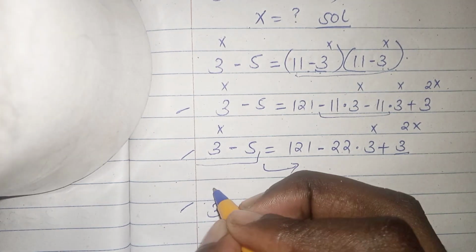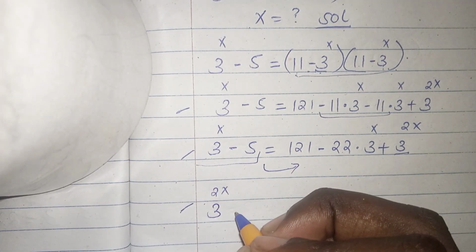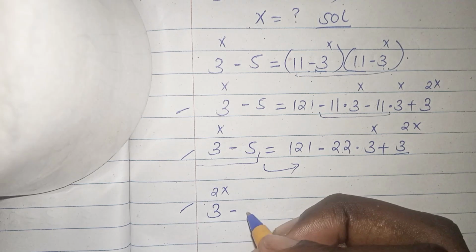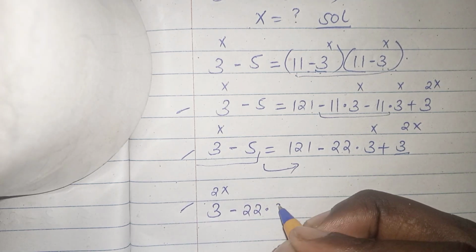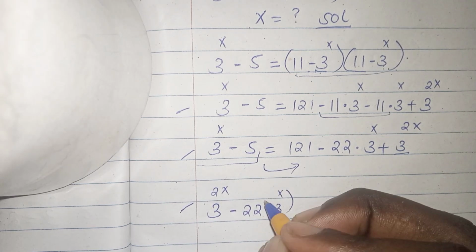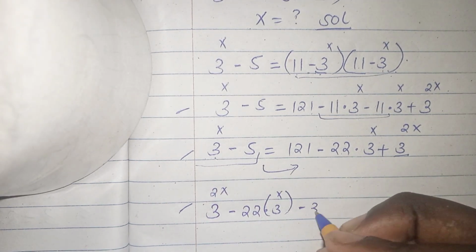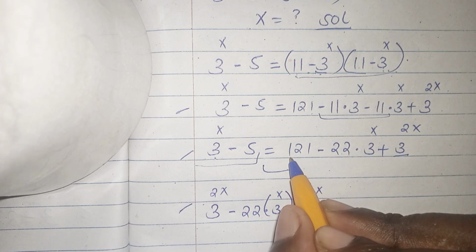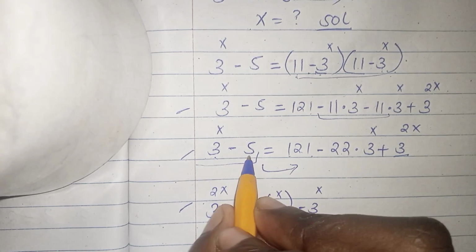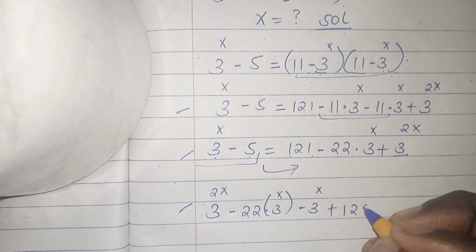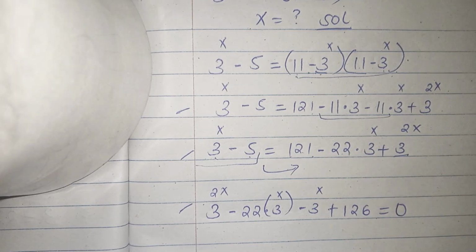So 3 to the power of 2x minus, we shall then have 22 times 3 to the power of x, so this will be into bracket. Then this will become minus 3 to the power of x. We then have 121 plus 5, so this is 126 is equal to 0.